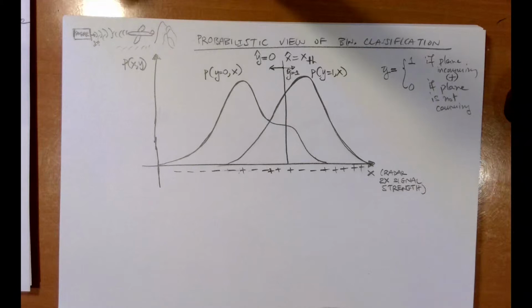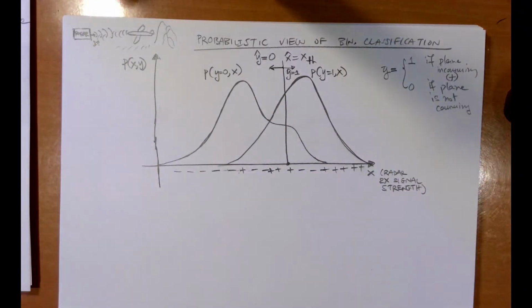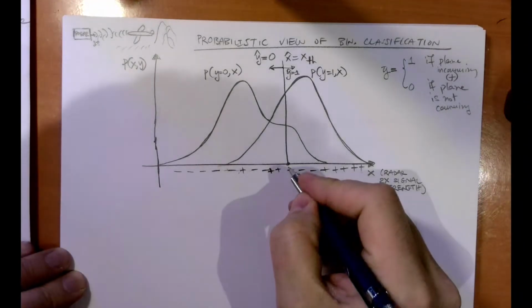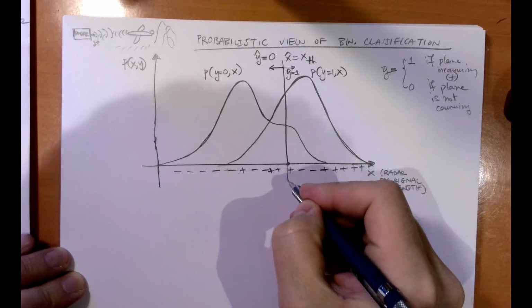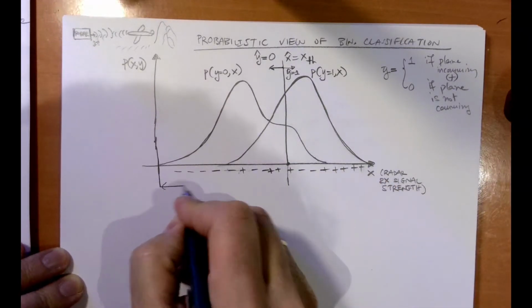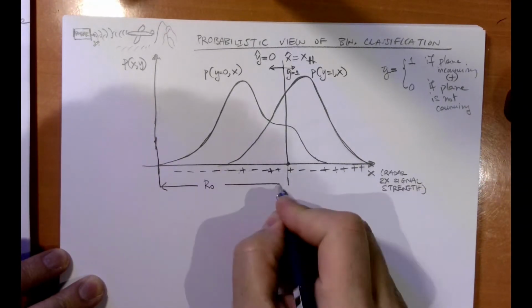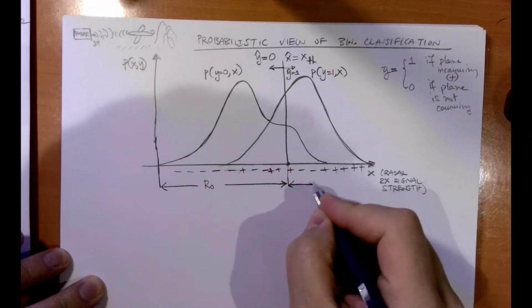So the job, in this type of binary classification, is to properly design this threshold x hat. And it's very useful to observe right now that the moment we have a threshold, my x-axis has been divided into two regions, R0 and R1.